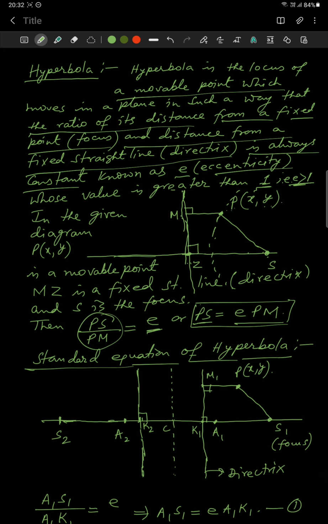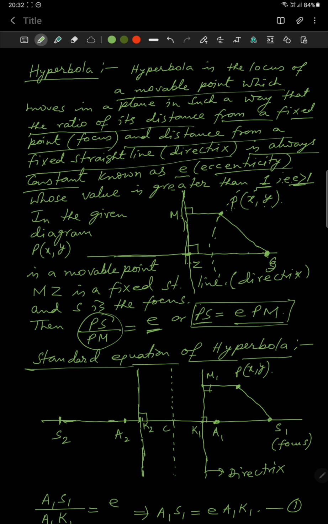Now let us derive the standard equation of hyperbola. As you can see, the same diagram is copied over here. A few extra things you can see: in place of S, I have taken S1, and an extra point A1 is taken.